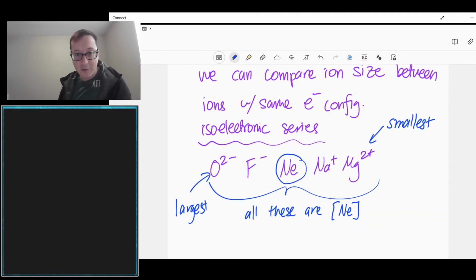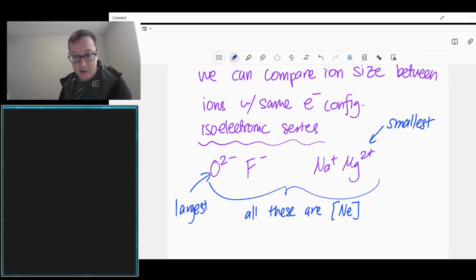Neon doesn't ever bind with something, so we don't really know neon's actual atomic radius. We can do some calculations, and that's where that 43 or whatever number comes from, but that's not really a reliable number per se. So oftentimes we will just get rid of the noble gas and compare the others directly.